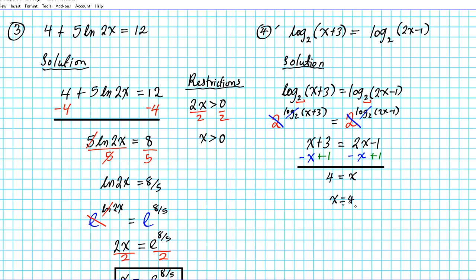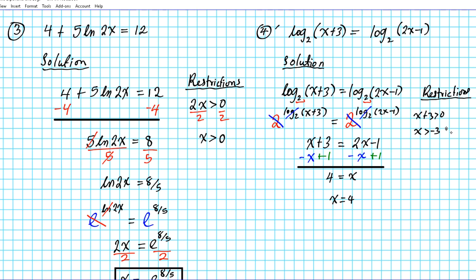Alright, so does this answer respect the restrictions on the domain? Well, let's see what the restrictions are. For this one, we have two of them. The first one is x plus 3 has to be greater than 0. Subtract 3 from both sides, so x has to be greater than negative 3.